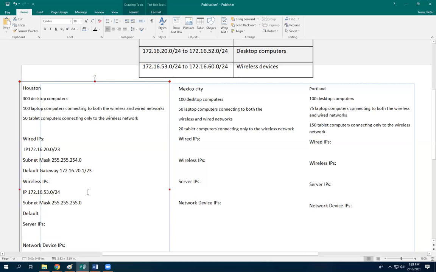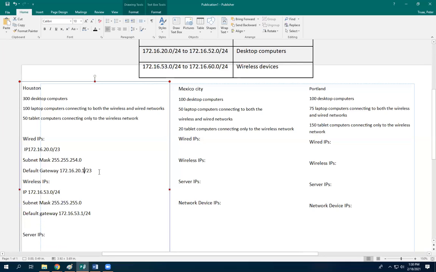And for this default gateway, since you're starting, we want to go in a pattern. So again, you could use anything in this range as your default gateway address. But I would just use 172.16.53.1 as your default gateway address.